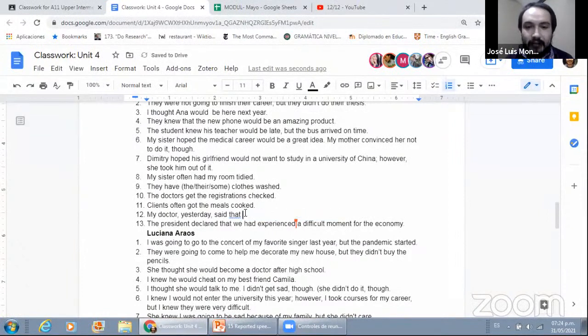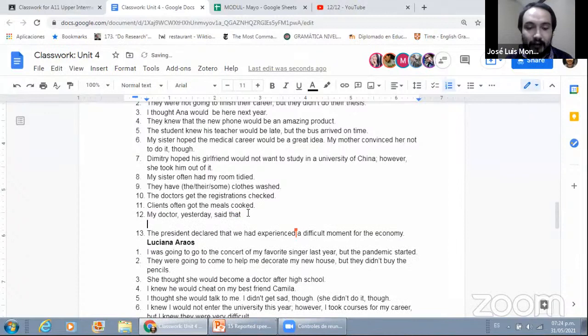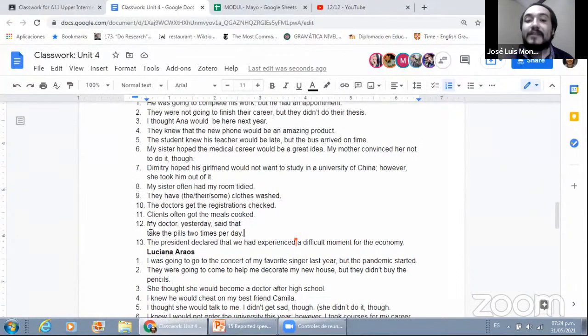Said that, and try to write this down below. And here with me, try to use the entire idea of the doctor, but don't use imperatives, okay? The last practice was with imperatives. Here, it's with statements, and statements need a subject. So you can say, for example, you have to take the pills two times a day, right? That is your first sentence.